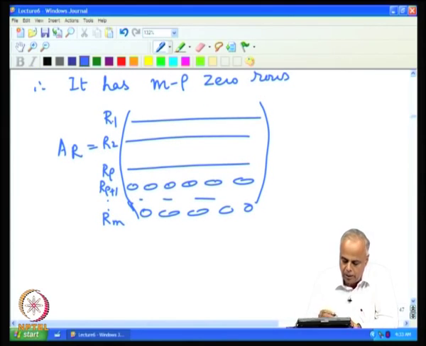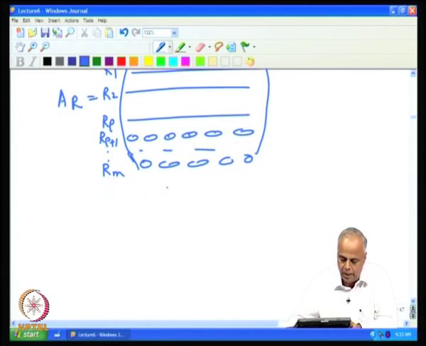Now, let us look at the first row. It will have a first non-zero entry, and we had the notation, let us assume that the first non-zero entry of r 1 appears in the k 1 column, r 2 appears in the k 2 column, and r rho appears in the k rho column.